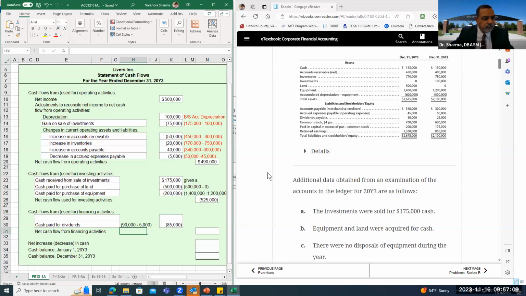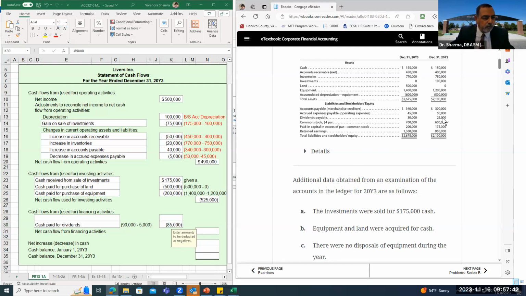So when you have a dividend payable account, what you can do is start with a dividend payable last year on the credit side, and then when there is a declaration of dividend, we'll put it on the credit side, 90,000. So 90,000 plus 25 will be 115,000. And on the debit side, it is 30,000. So therefore, you'll get a net amount of 85,000. So that's another way of doing it.